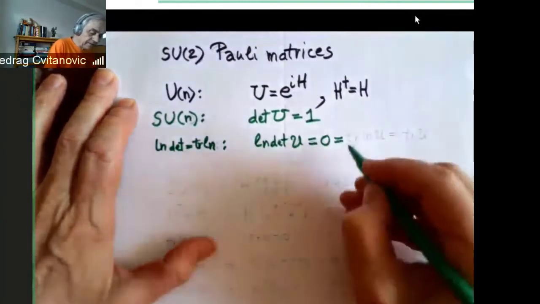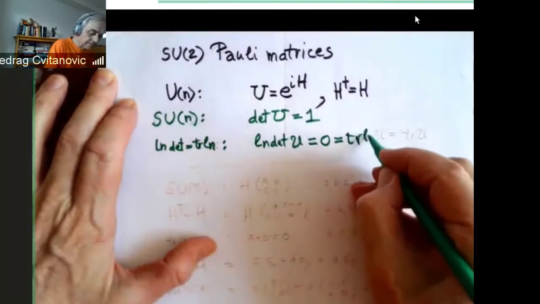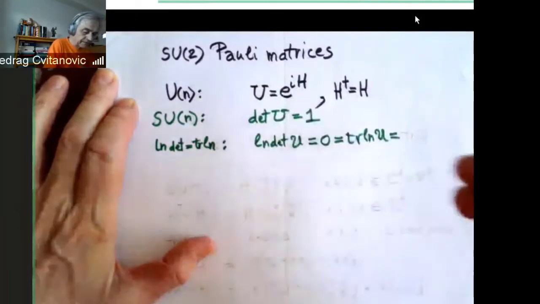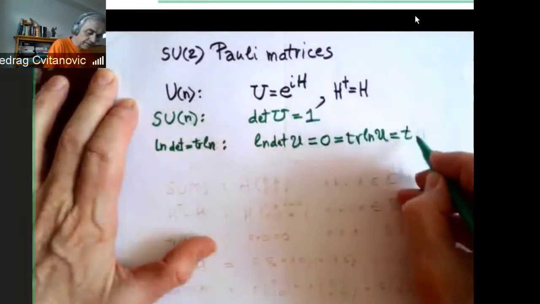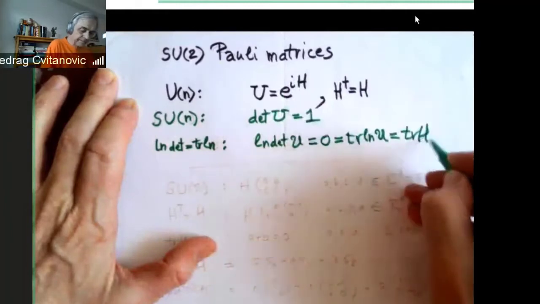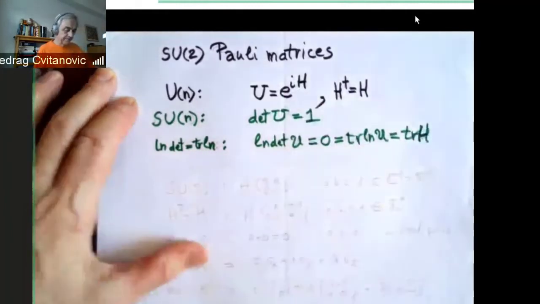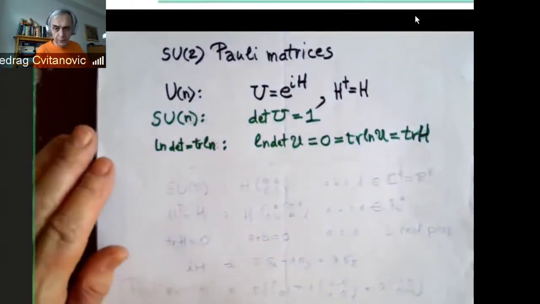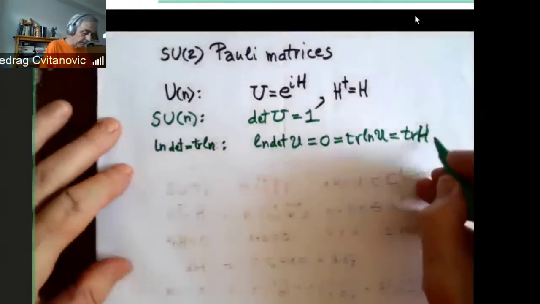But that's the same as the trace of the logarithm of the unitary matrix, and the trace of the logarithm is up to the factor i the trace of H. That doesn't matter because it's 0. So for the special unitary group, the generators are traceless.